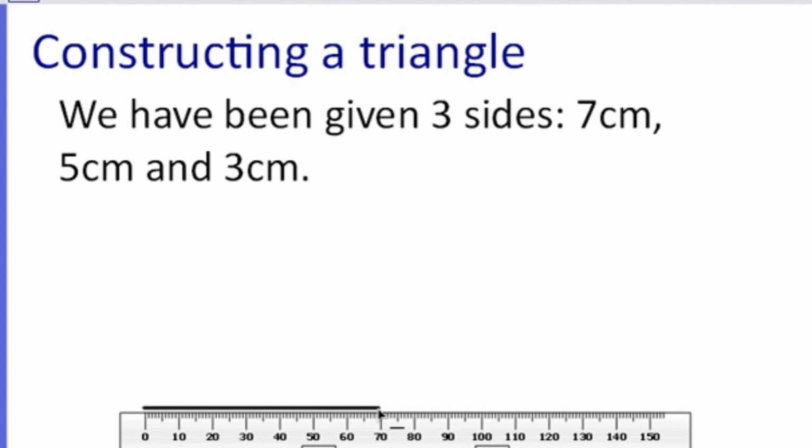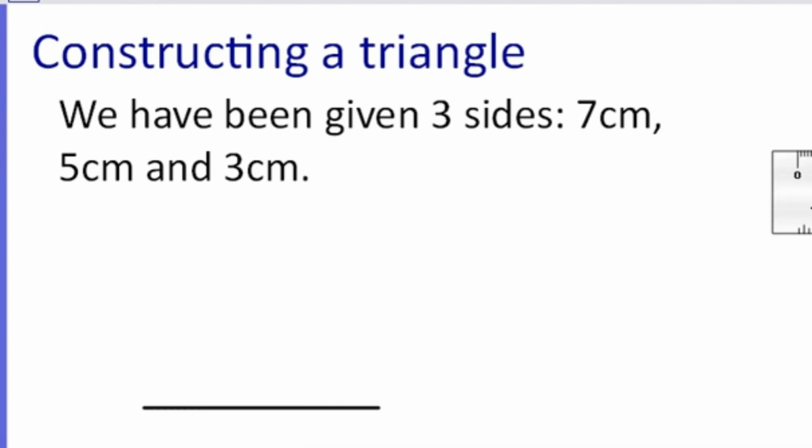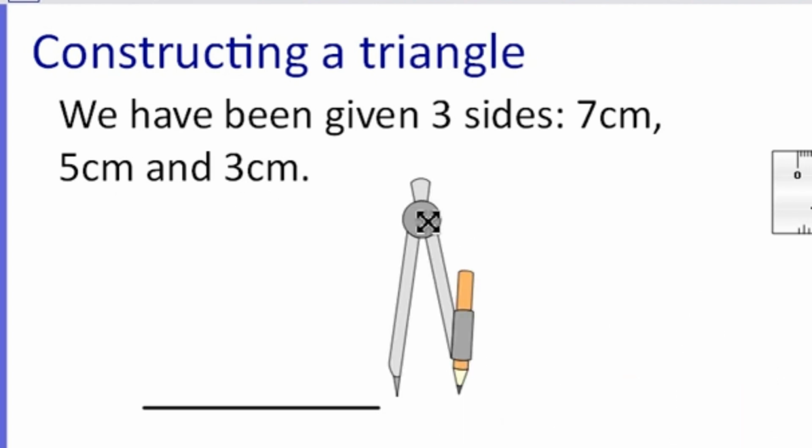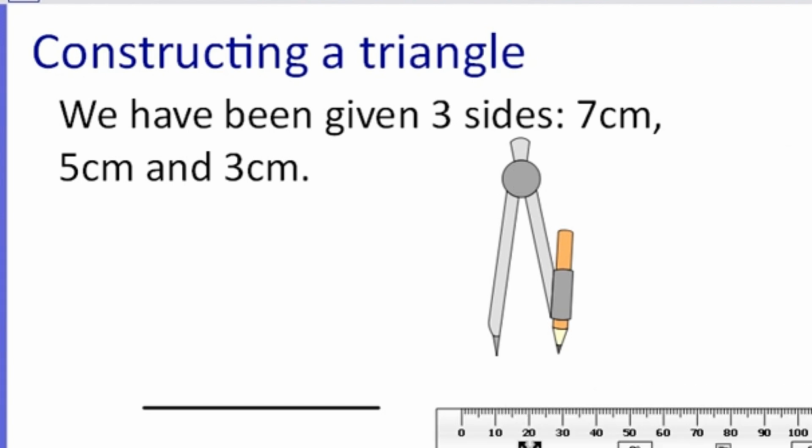Okay? The next thing we need to do is create sides of 5 centimetres and 3 centimetres. To do that, we're going to need our pair of compasses and our ruler.